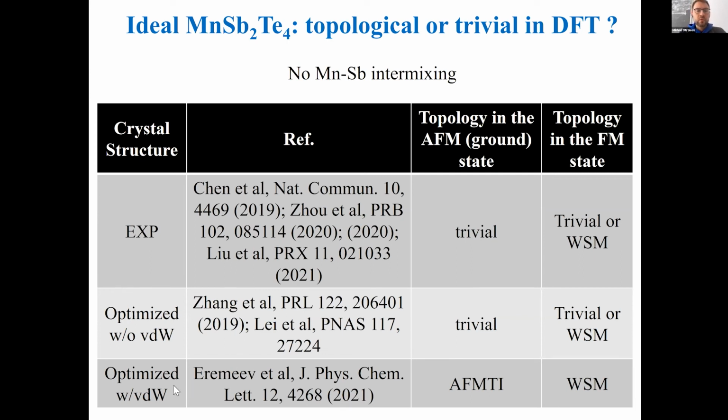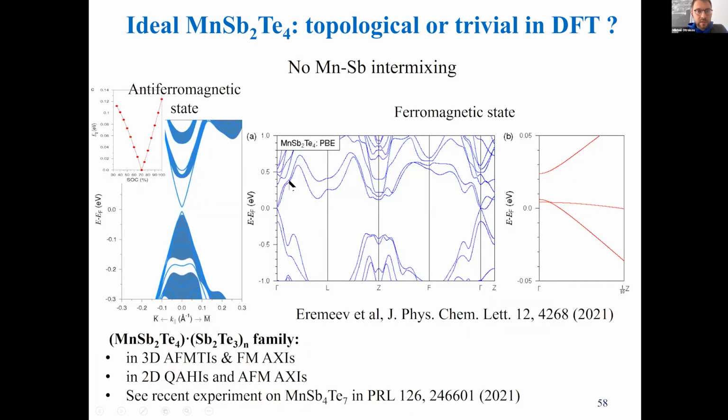Actually, if you do optimize with van der Waals corrections, you will end up having the antiferromagnetic TI phase and Weyl semi-metal phase, as it is shown here in this slide. So this is how the bandgap inversion appears. Bandgap value versus the spin orbit coupling. The bandgap is inverted.